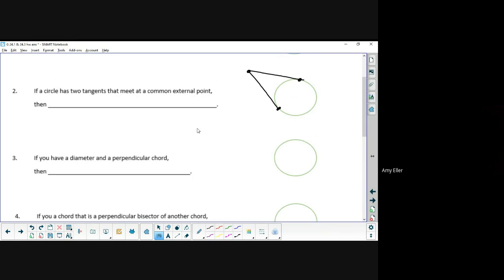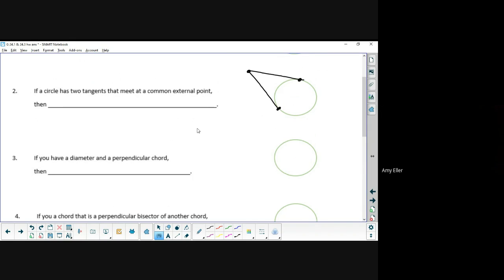Let me read it one more time. If a circle has two tangents that meet at a common external point. Your paper look good? All right, set your pencil down, grab your pen. Then, who's got this one? What happens if I have that? Look at your notes, probably the second box.